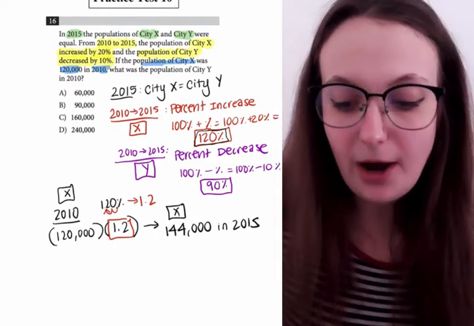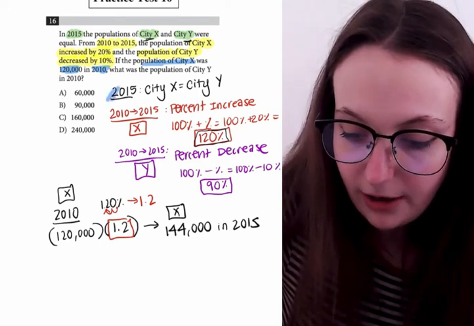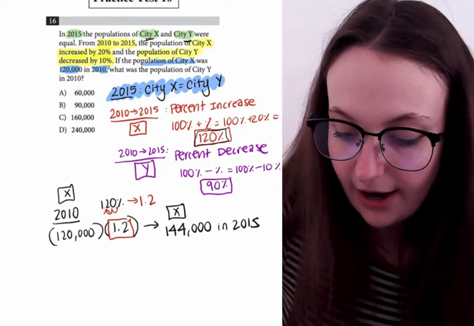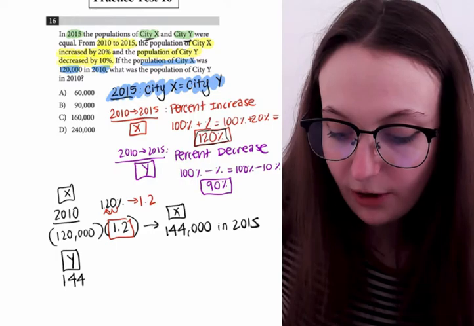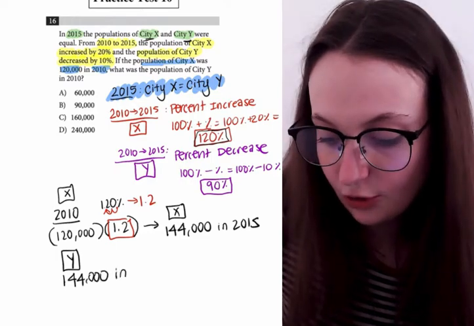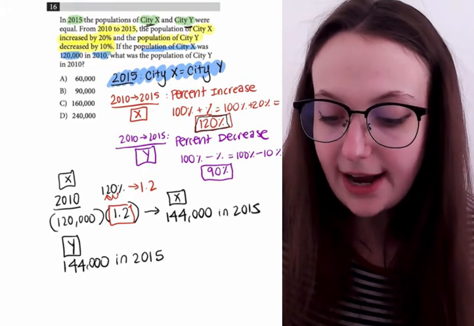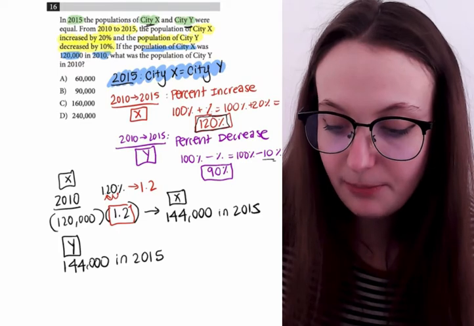We know the population of city X and city Y were equal in 2015, so the population of city Y was 144,000 in 2015. From 2010 to 2015, the population decreased by 10%.